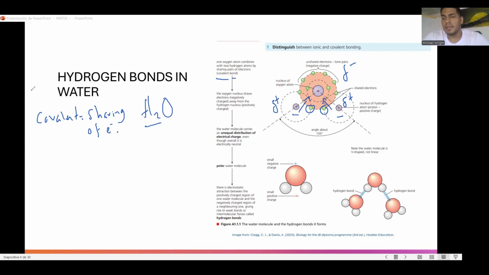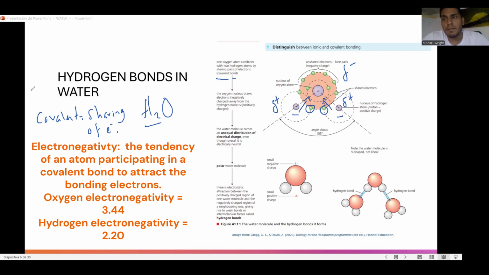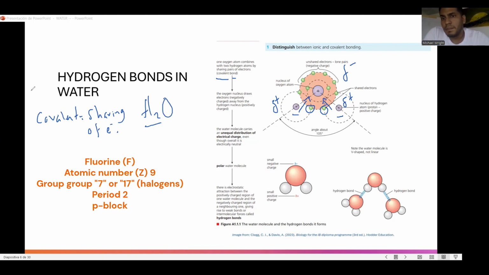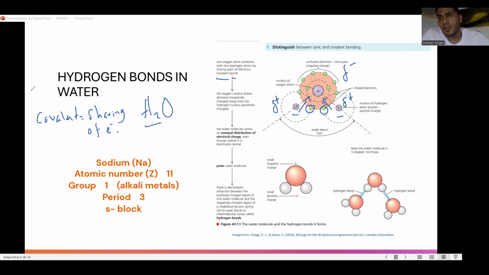That's why it is attracting the hydrogen electrons with more intensity. And when I say this, I mean that electronegativity is related to the ability that an atom has to attract electrons from external atoms that are forming molecules with it, right? That capacity is basically related to the number of groups. For example, if I have fluorine that is in a higher group than sodium, obviously fluorine will have more electronegativity, right?